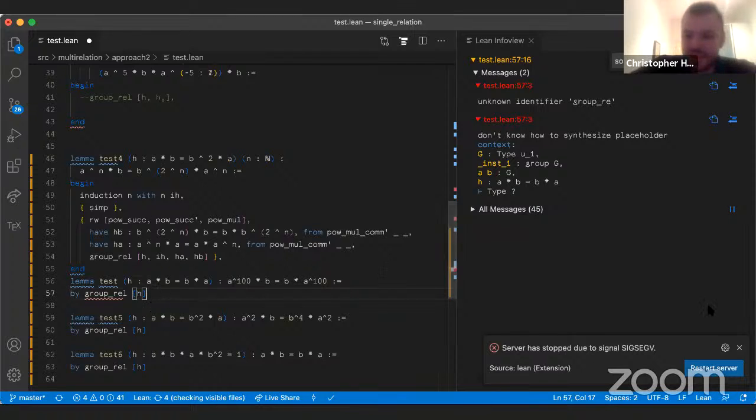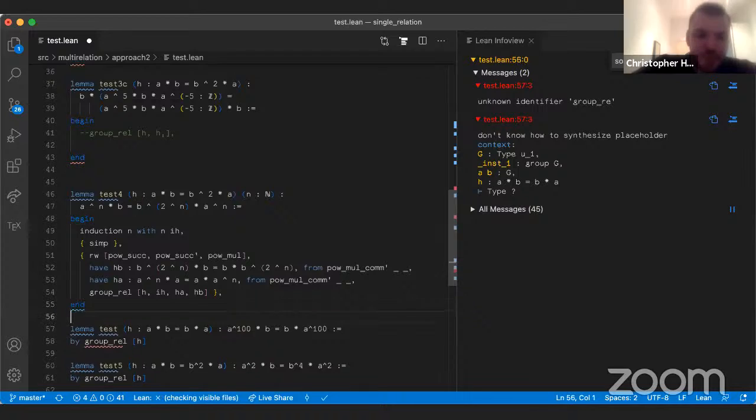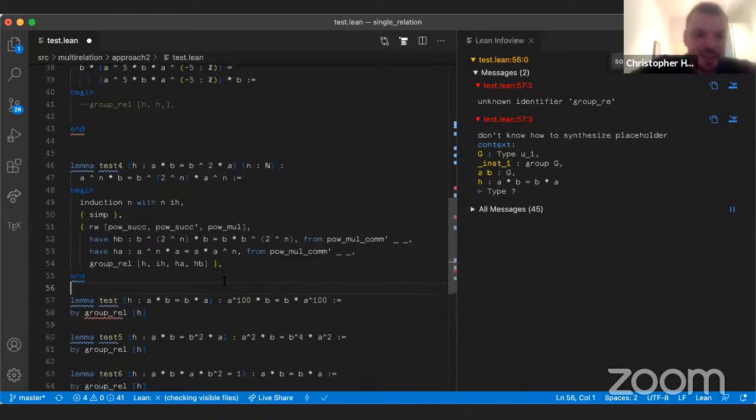But yeah, I've just crashed my computer again. But I was really surprised by how effective something that isn't particularly sophisticated works on these Lean goals. I'll switch back to my slides now.